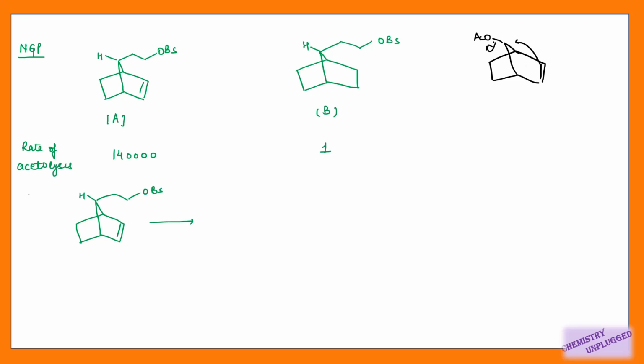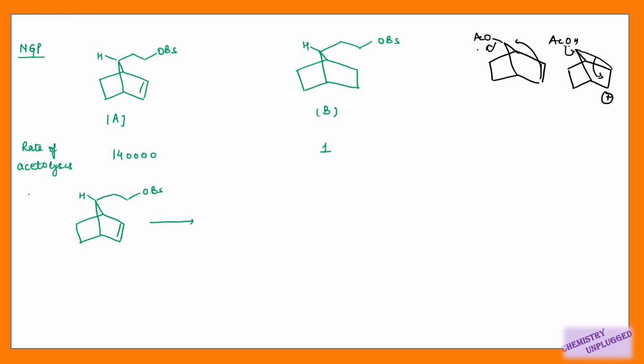This pi bond shifts here and stabilizes this carbon. We saw in the previous video that this is a case of neighboring group participation: we get a carbocation like this, and in the next step acetic acid attacks it and we can shift this bond. So this was the example where we saw the NGP character of the pi bond.